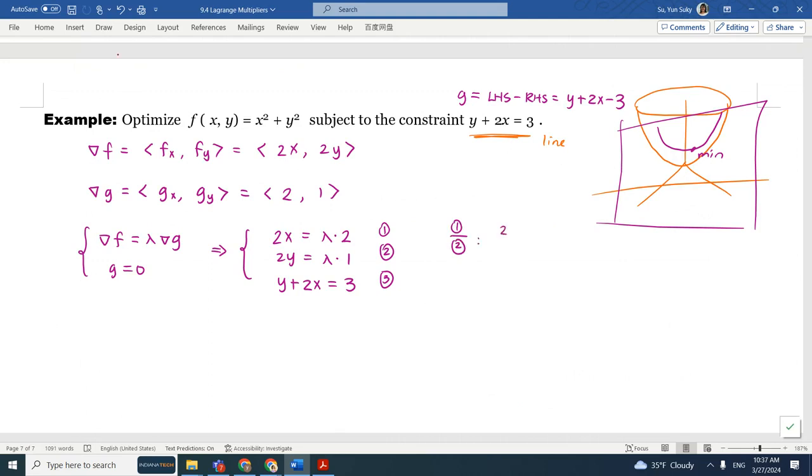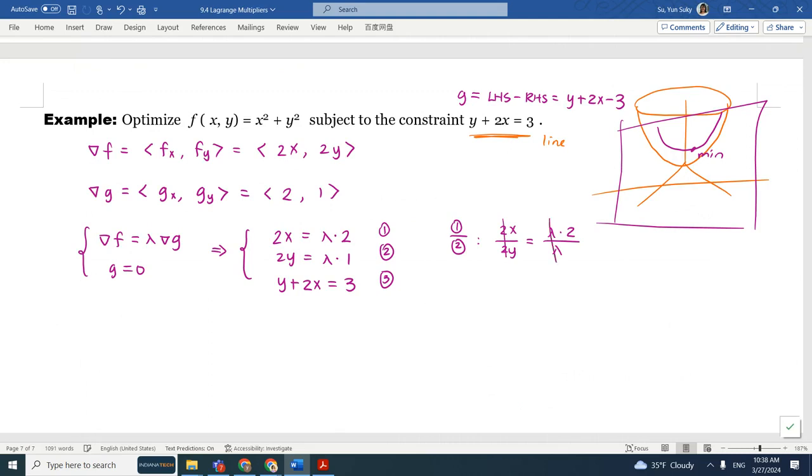On your left-hand side, you see the 2x over the 2y. On the right-hand side, we get lambda times 2 over lambda times 1, which is lambda. Everybody, do you see the 2 cancel?